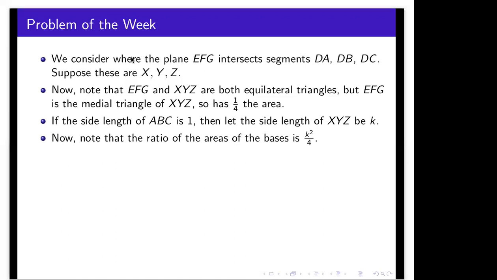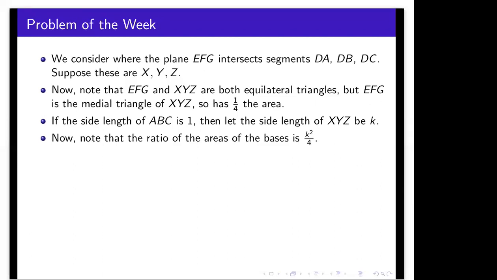Right, so basically, we consider this, it's like a pyramid inside of a pyramid, right? We see that essentially this plane EFG cuts the pyramid ABCD into a smaller similar pyramid DEFG on top, and then something on the bottom.